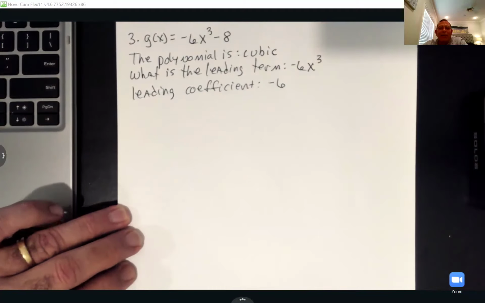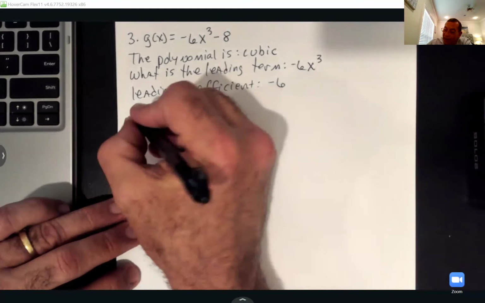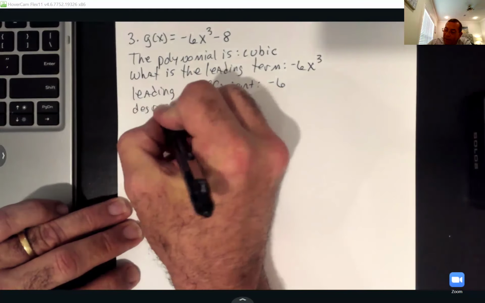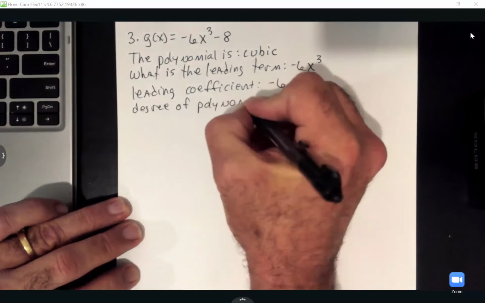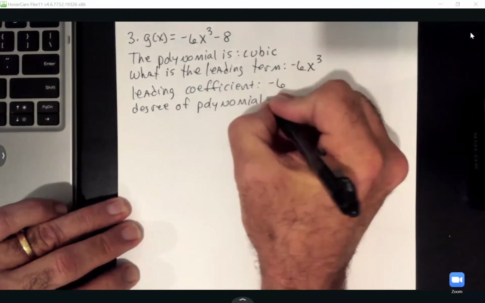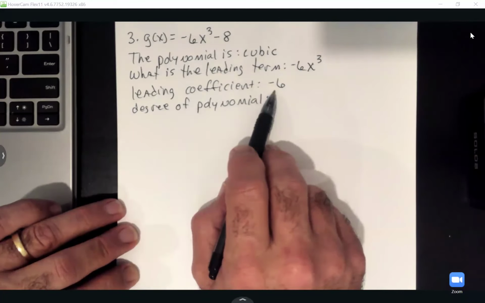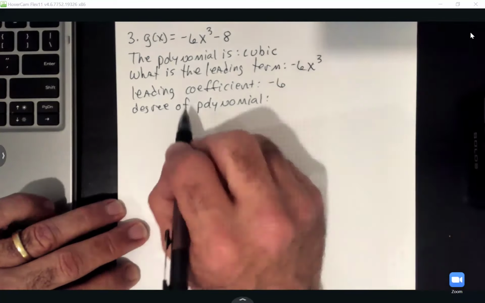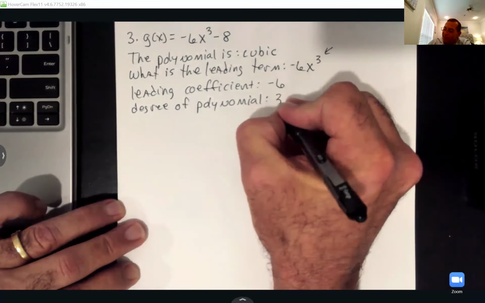So y'all gonna get the hang of these before we're done today, right? And then what is my degree? Oh, well, y'all just told me that was my leading coefficient. 3, because remember, the degree is always equal to that exponent there.